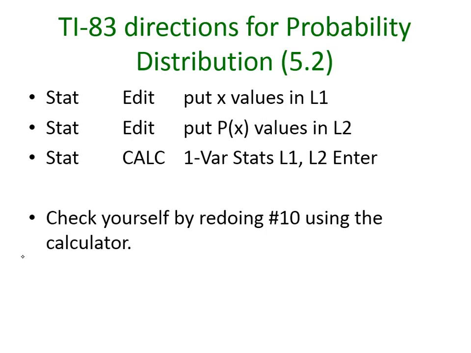And keep in mind to do that, you're going to your stat and then just edit. Clear out anything that's there. Yeah, do this for number 10. And do make sure you put 0 in for 5. So it does have to have something there.